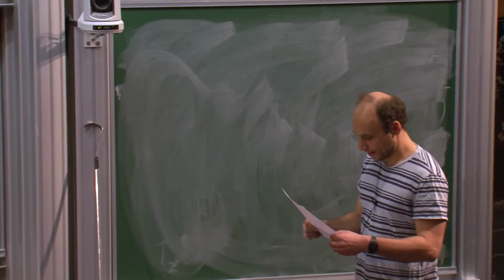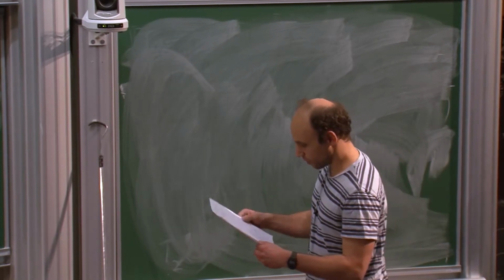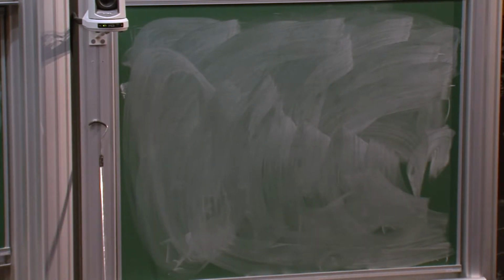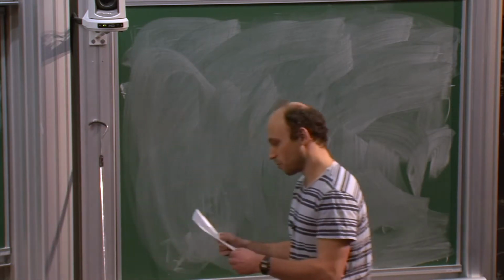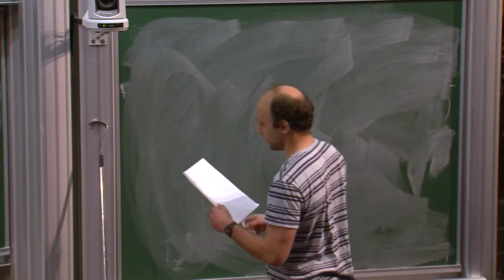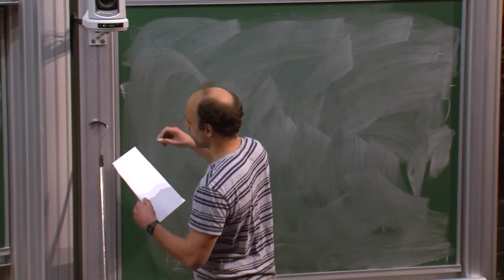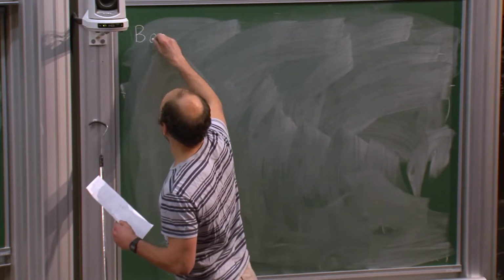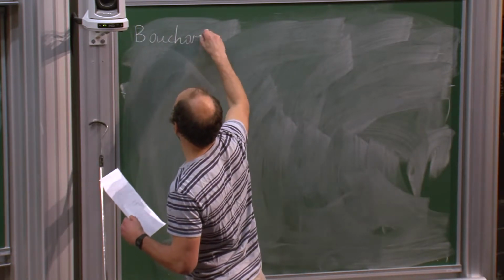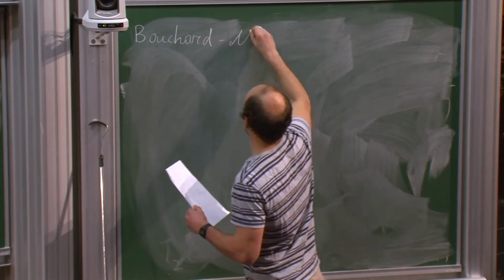Okay. So the relation with the topological recursion. There are more properties of the Hurwitz numbers. So the first property is called the Bouchard-Mariño conjecture.